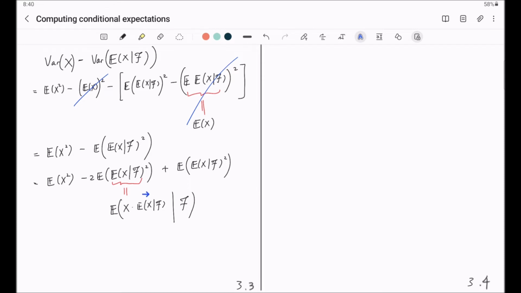We're pushing one of those two guys in this product, in this square, into the other. Hope you can see that they're actually equal. This simply follows from the fact that this conditional expectation is F measurable.